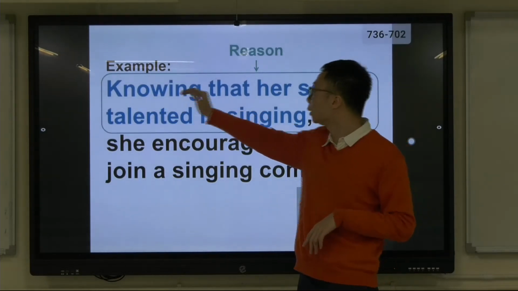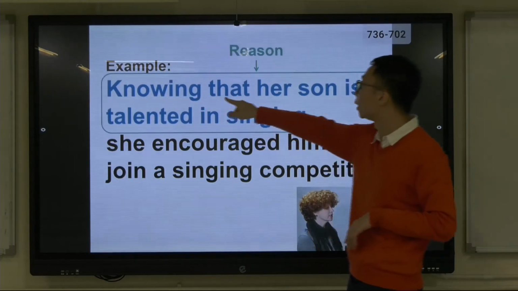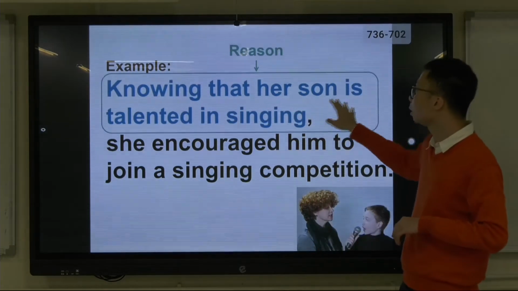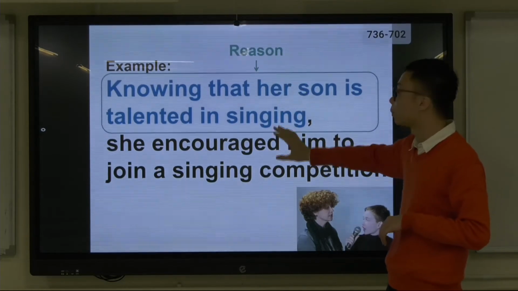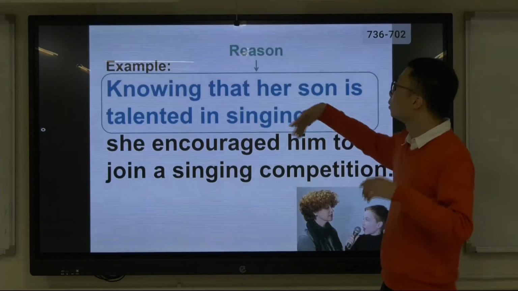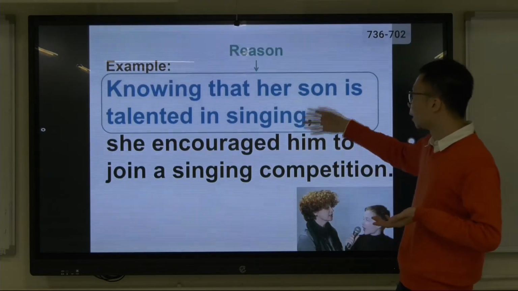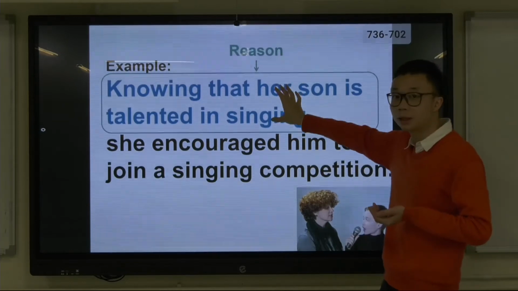So it's knowing that is an example of a present participle. And now you see that knowing that her son is talented in singing is a reason. 知道佢個仔就係好唱歌上面好有天分. This is the reason.